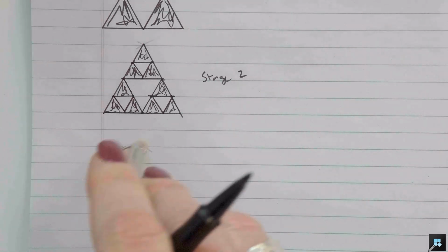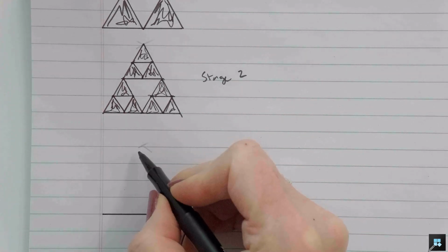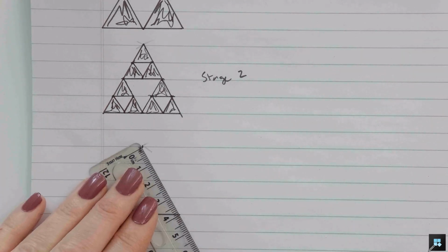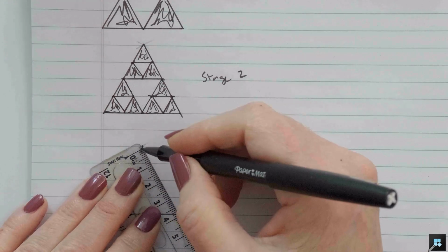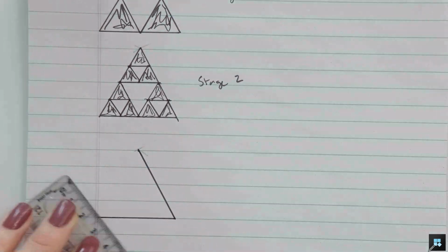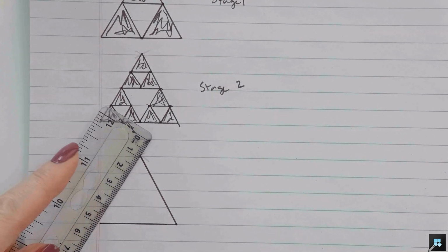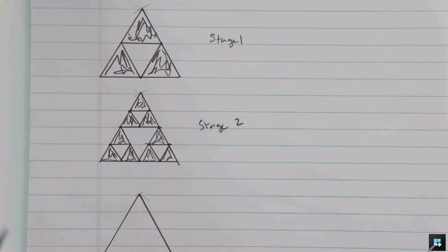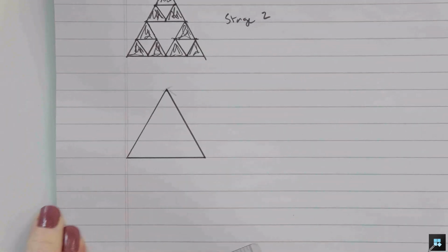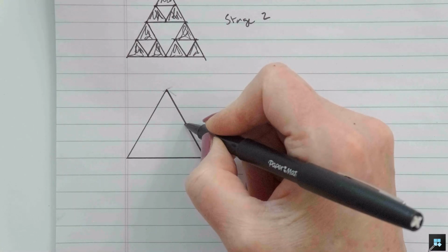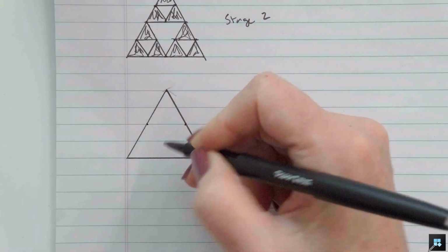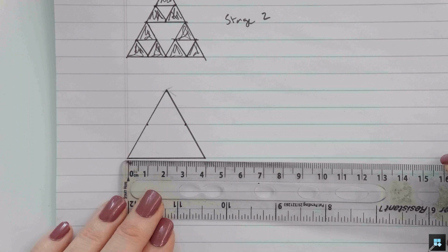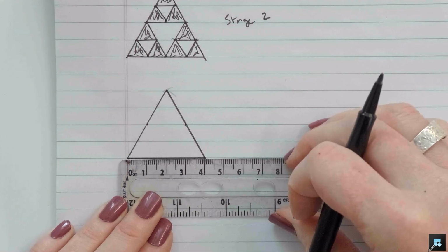So the first couple stages aren't too bad to draw, not too tricky. But a ruler does help. If you don't have a ruler, it makes it a little harder to make sure you're doing everything neatly.